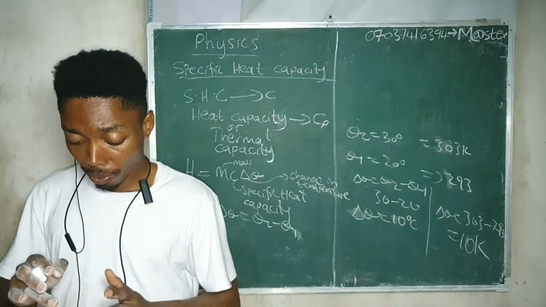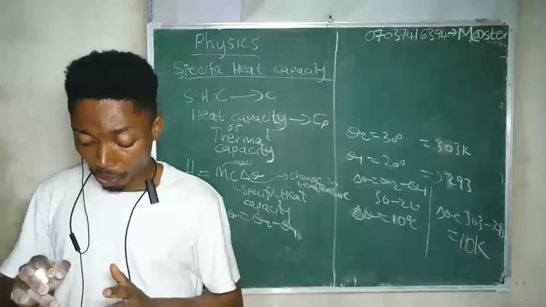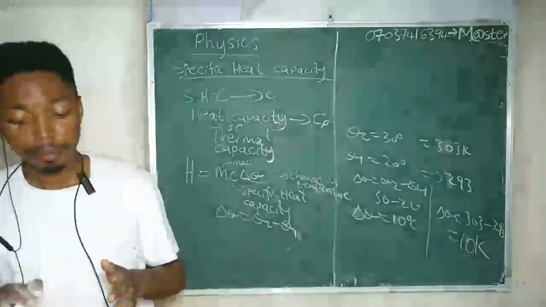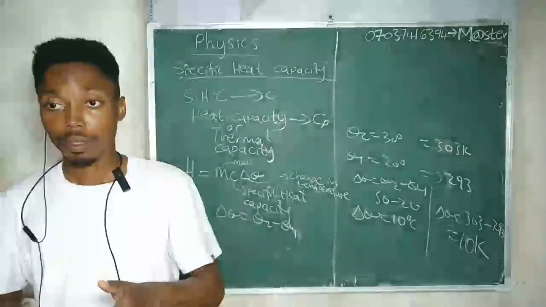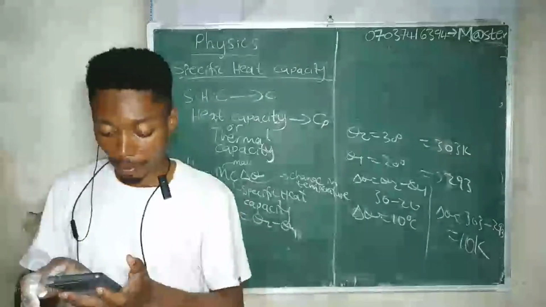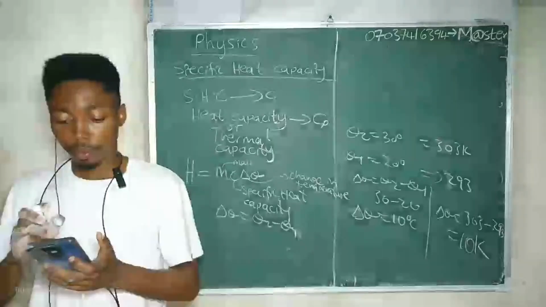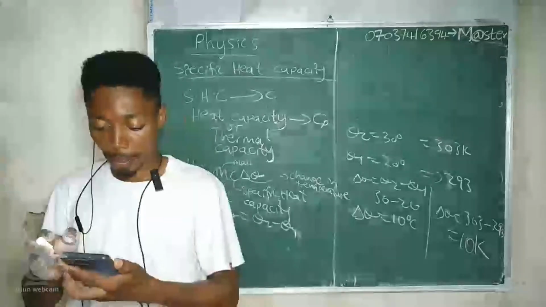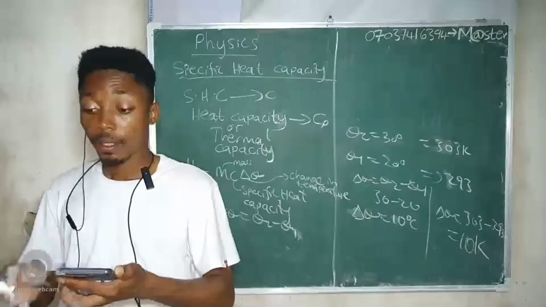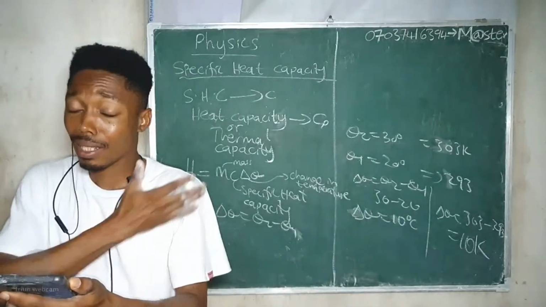So there's a question we're supposed to do on specific capacity. Okay, let me check. So the question we're supposed to do here, and yeah, I'm hearing myself. So let's just finish this.